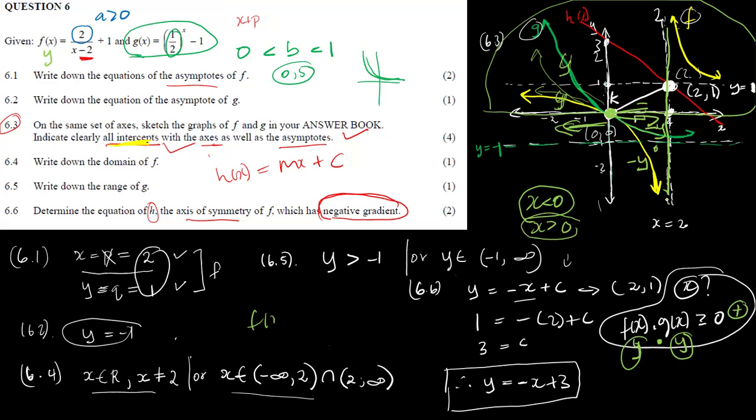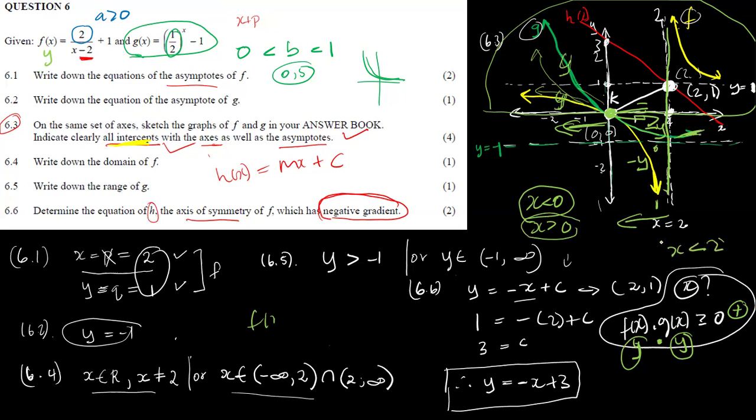This part only is the one that continues, the exponential, but this one, the hyperbola, ends here. Because of this asymptote, we're going to end here and move backward. So this condition, f of x multiplied by g of x greater than 0, holds when x becomes less than 2. This will be the final answer.